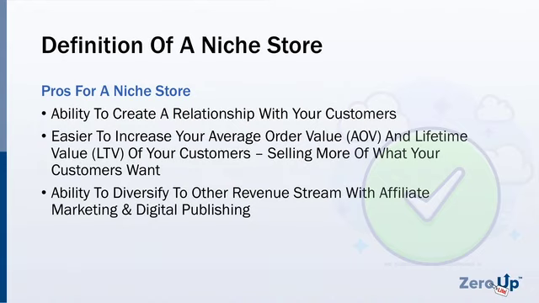And again, it gives you multiple sources of revenue because you can now not just focus on selling physical products, you can sell digital products. You can be an affiliate of some larger brands that are selling fishing related gear. So it gives you the ability to diversify because you have narrowed down to a particular niche.